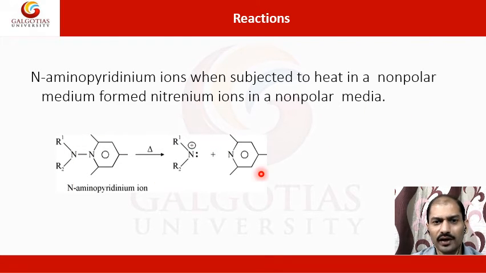By this way these can be formed, and singlet or triplet species of nitrenium ion can be formed during the course of the reaction once you are synthesizing this kind of products.